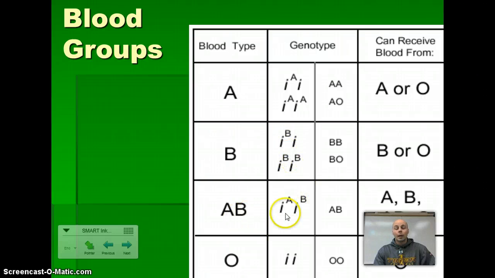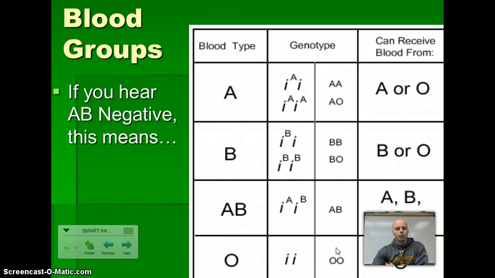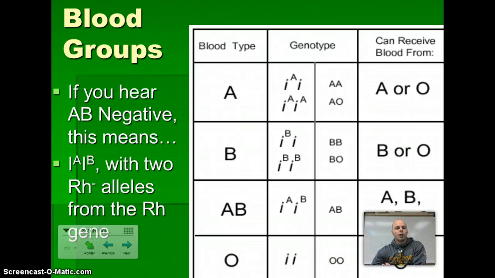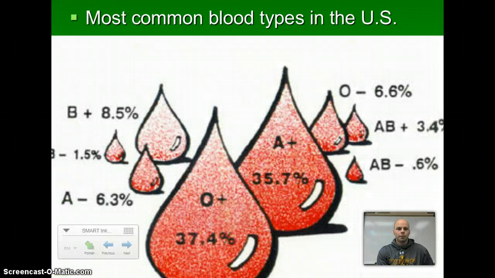Type AB can only be heterozygous, having both a type A allele and a type B allele. And then finally, type O can only be created by having the two recessive alleles, giving you type O blood. AB just means that you have one of each of those alleles, and then you also have two of the Rh factor alleles. That will determine if it's AB positive or AB negative.